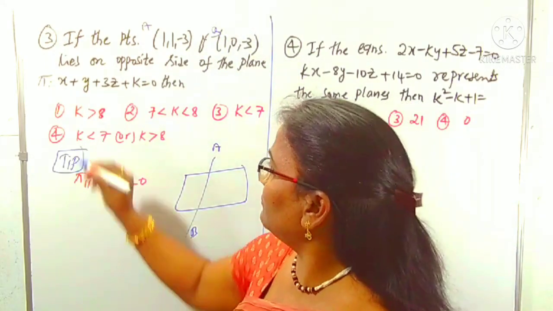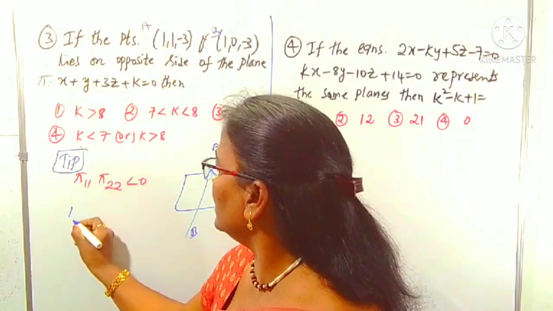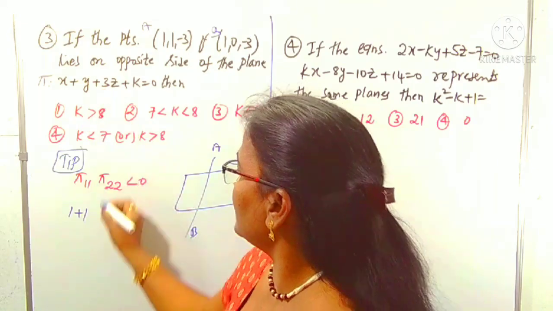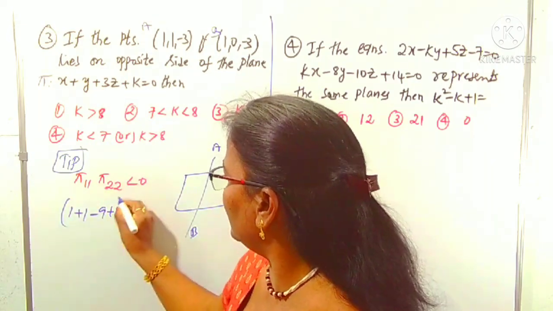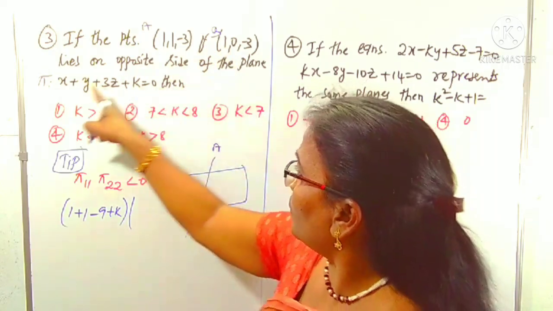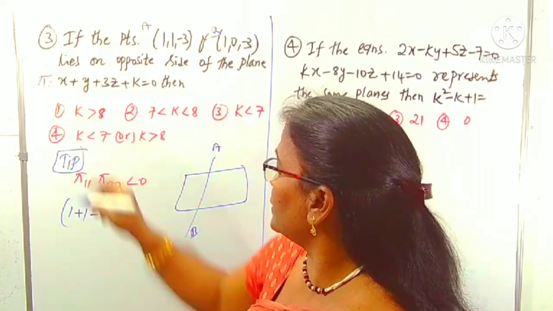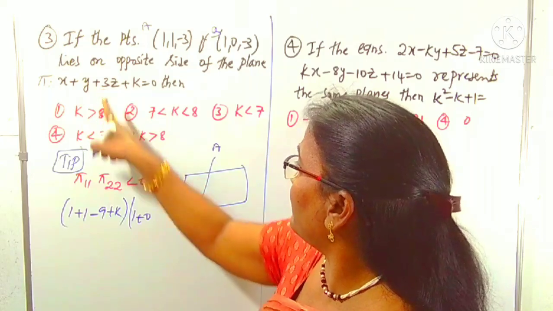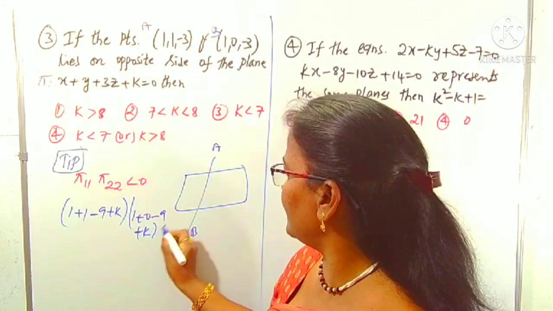Now, what is it by this condition? Pi 1 means for the first point (1, 1), we substitute in place of x and y: 1 plus 1, minus 3 into plus 3 is minus 9, plus k, into pi 2 for the second point: 1 into 1 is 1, 0 into y is 0, plus 0, minus 3 into minus 3 is plus 9... minus 9, plus k, is less than 0.